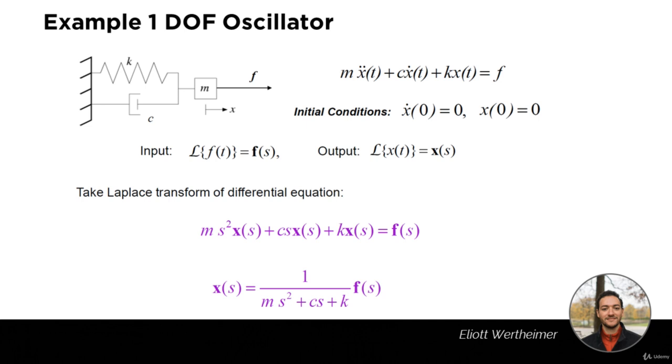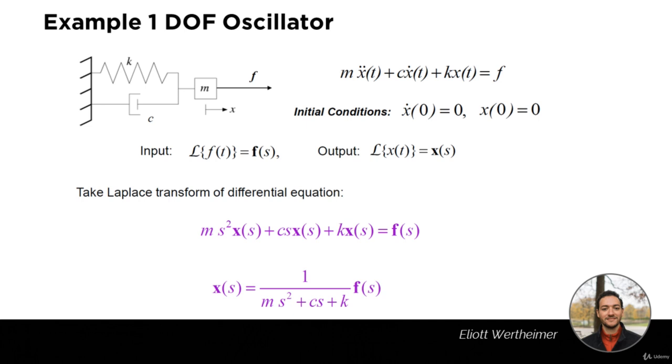So we can take the Laplace transform of the differential equation that represents this engineering system. Applying that Laplace transform with the linearity property and using the derivation rule from the table, we get that the equation becomes the mass m multiplied by s squared times X(s), plus the damping coefficient c times s times X(s), plus k, the spring constant, multiplied by X(s), equals the Laplace transform of the force F(s).